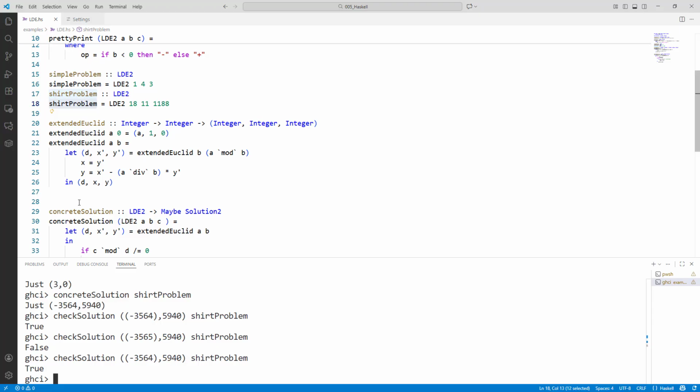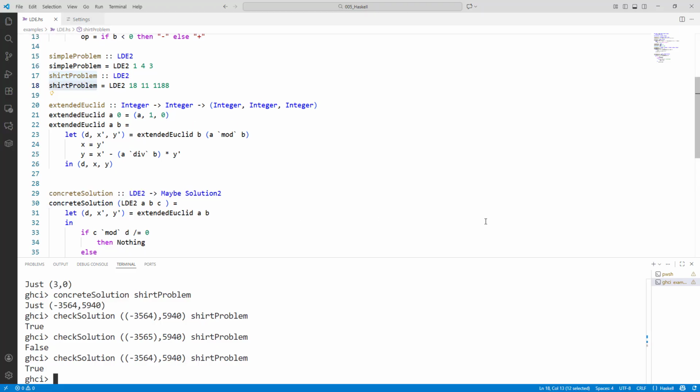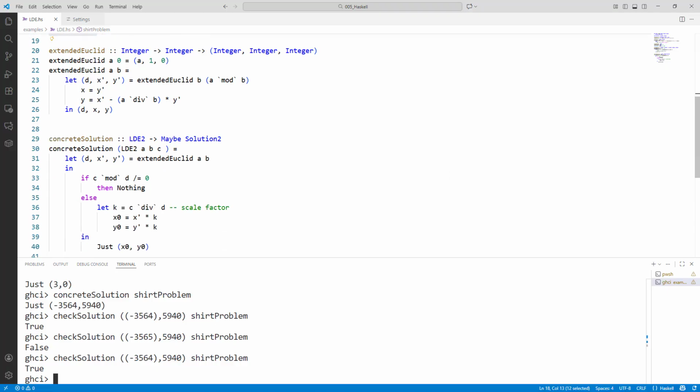So the concrete solution function worked, and it found a solution. The problem is that somehow it's not a good idea to buy minus 3,564 shirts. It would be quite a challenge. But the thing is that the Euclidean algorithm doesn't actually promise to find the nicest solution for you. It just promises to find one solution, and in this case it found this one.